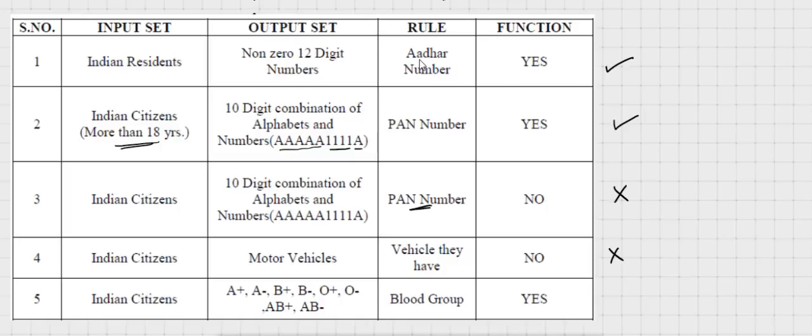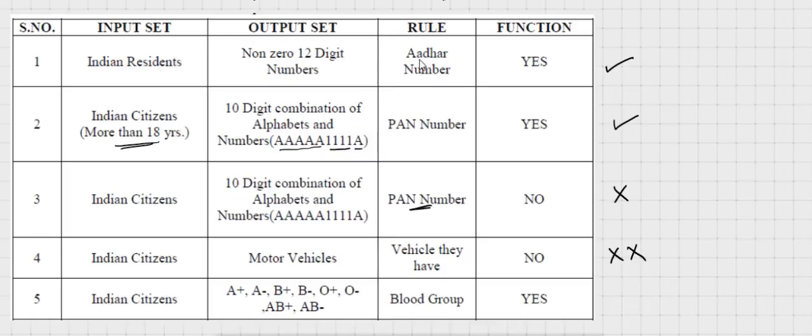Then what is the second condition? First condition itself failed, by that itself we can say it is not a function. We can go for the second condition also. One can have more than one vehicle. Many are having two vehicles or three vehicles. In this case both the conditions were failed, right?